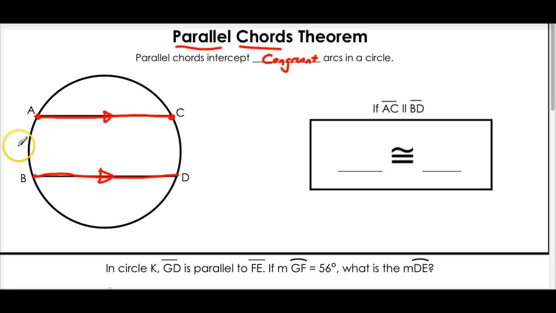So that would tell me that AB is congruent to CD. So if AC is parallel to BD, we know AB is congruent to CD. That's the whole theorem. Parallel chords make congruent arcs. Easy, right? So if this was 100 degrees, then we also know AB is 100 degrees.